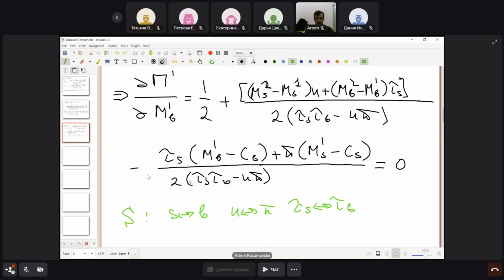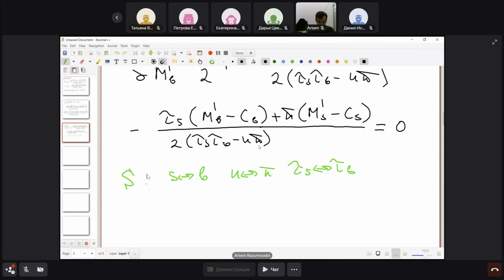So then we will proceed with this derivative, and the second is supposed to be symmetric. So let's multiply everything by 2 times the denominator, tau s tau b minus u p.